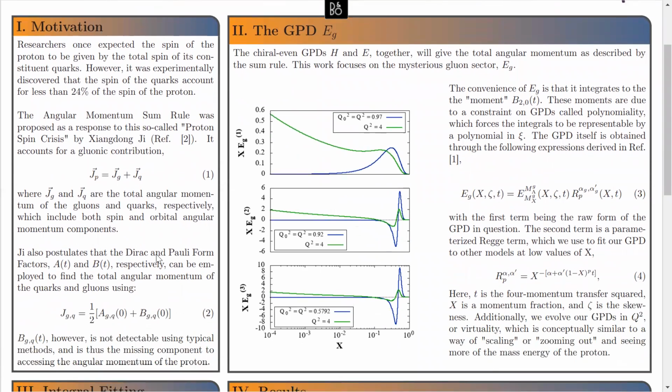Ji also postulates that there are these things called form factors, which can help us find the total angular momentum using equation 2. However, this second form factor, B of t, is not detectable and thus is the missing component to fully unlocking the angular momentum of the proton.